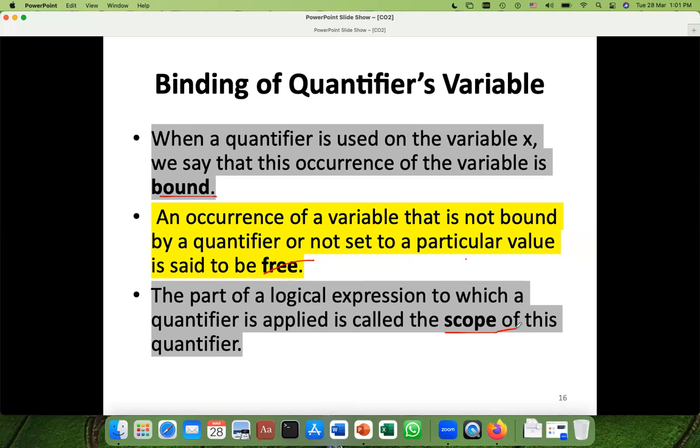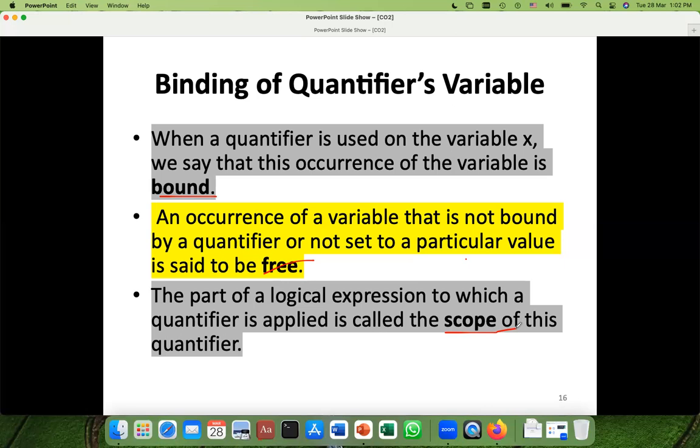If for any variable you are not using any quantifier, then that variable is free. Simple. If you are using a quantifier, that variable is bound. If you are not using a quantifier with a variable, then that variable is free.